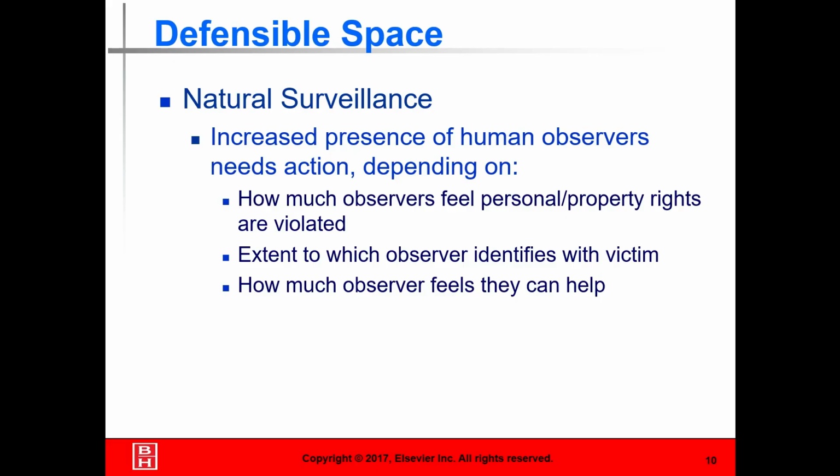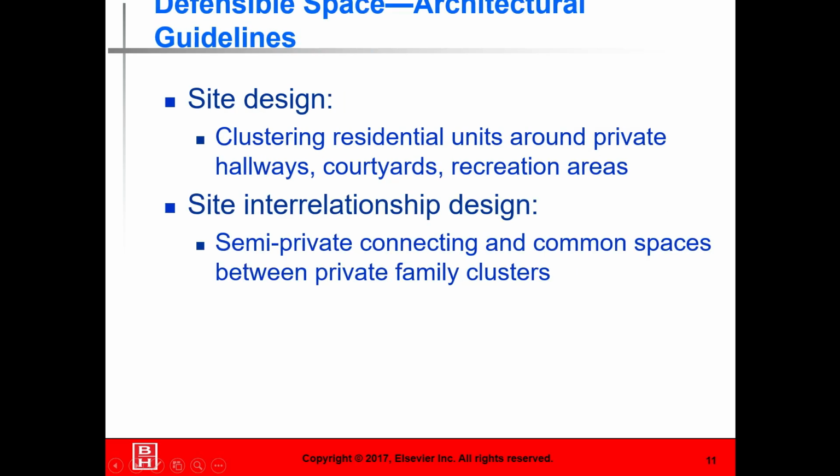I know I talked about this in the last episode. It's a crime of opportunity. If someone's walking down the street, no one's around, no one's out on the street, the criminal can see something and take advantage of it. Or if there are people on the street, chances are them doing something are much less because the chance of getting caught is higher. And so this is what this is all about.